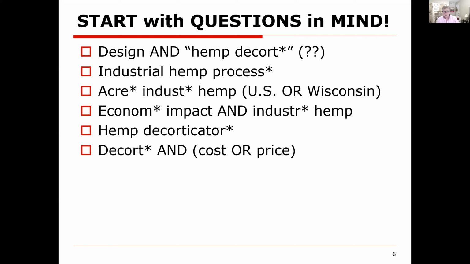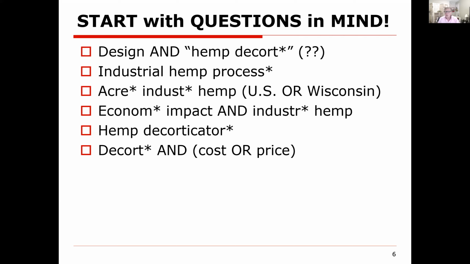Or in this case, you'll see that I put hemp decort with a star at the end of it. I put that all together in quotation marks because I want to search hemp and then anything that has the word decort. So it could be decortication, decorticators, decorticator. So be thinking strategically about how you can take these questions and convert them into a good search that can be used on Google Scholar or any of those other databases that I've talked about.